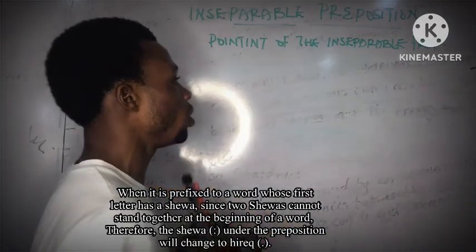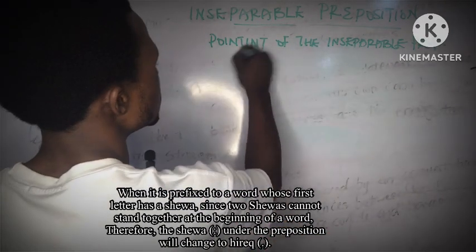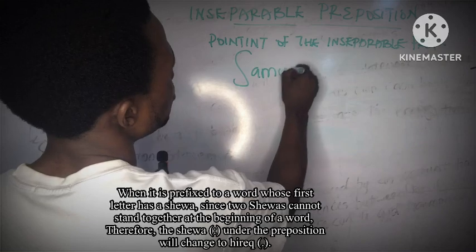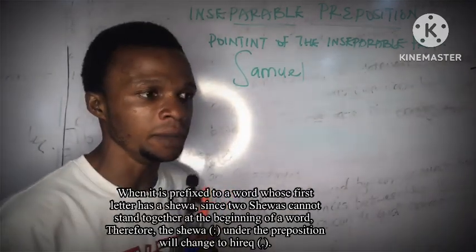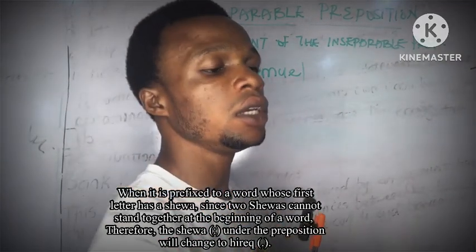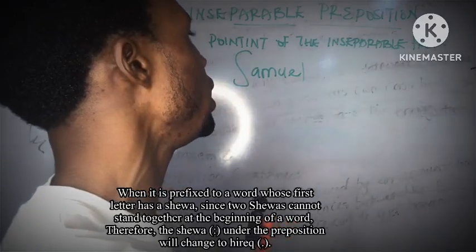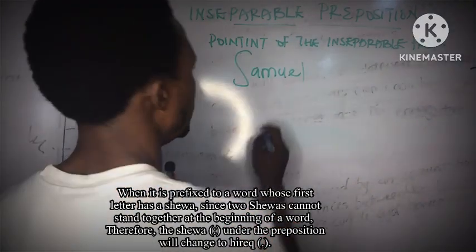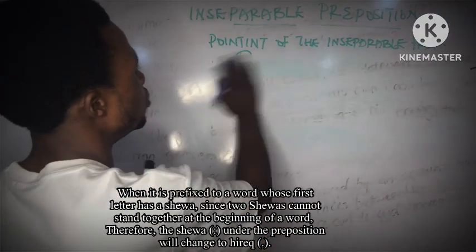I'm going to use the word Samuel. We all know that Samuel is a Bible name. So what is Samuel called in Hebrew? It is called Shemuel, which I'm going to write in Hebrew.